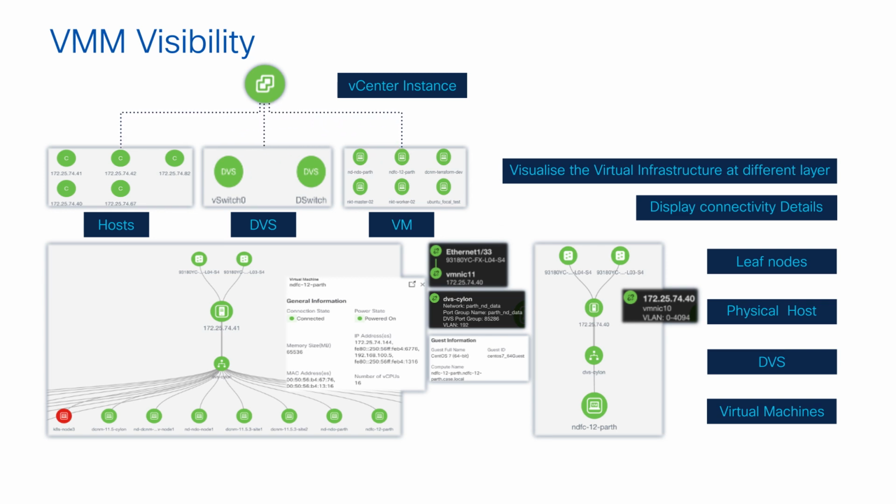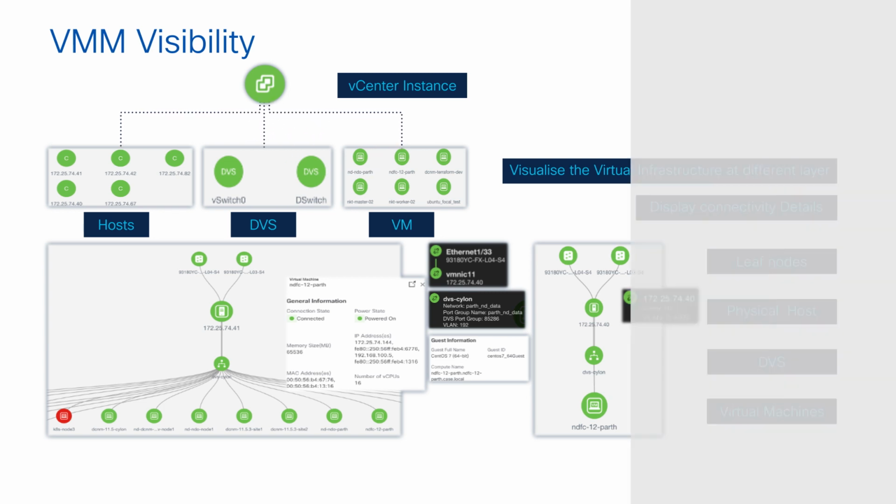However, if we are able to add your vCenter into NDFC, it does a read-only access of the vCenter instance, and it goes ahead and picks up a lot of information like the virtual machines, how these virtual machines reside in your virtual switch or distributed virtual switch, how these are connected to your physical host or your UCS server, for example, and how these servers itself are connected back to your leaves or your access. So this is all possible just on a click. If you add your vCenter instance, provide the username and password, NDFC will go fetch this data.